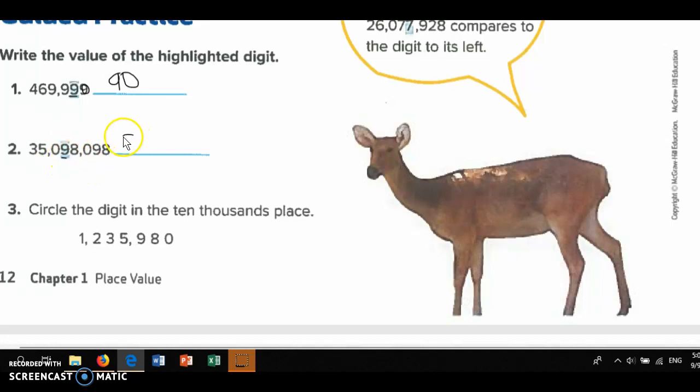We have a 9, and then we have 4 zeros, because it's 90,000. Circle the digit in the 10,000 place. We start at the back. Ones, tens, hundreds, thousands, 10,000.